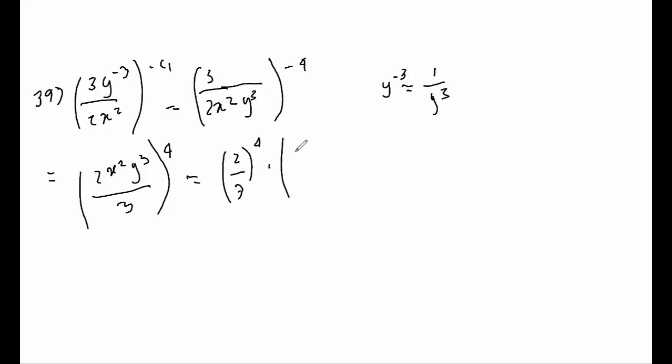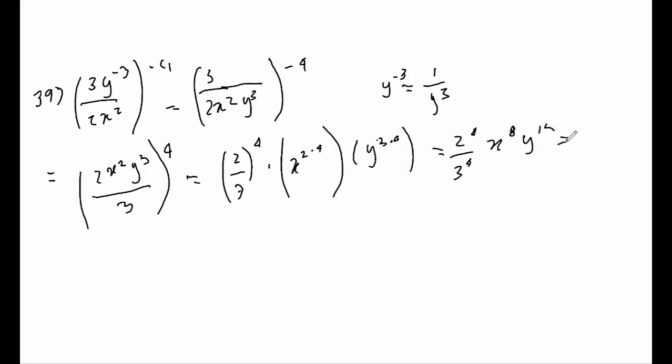And I have my x's, so here I have x squared times 4, and then I have my y to the third times 4, and then I'll finish it up, 2 to the fourth over 3 to the fourth, and that's going to give me x to the 8th, y to the 12th, and then I'll work this out, and it turns out 2 to the 4th.